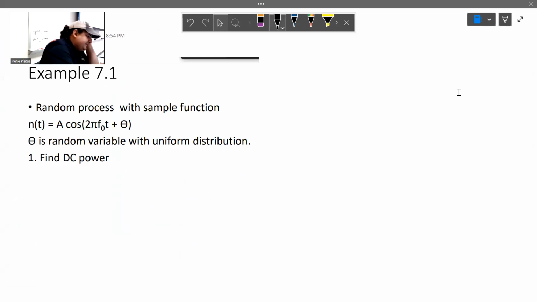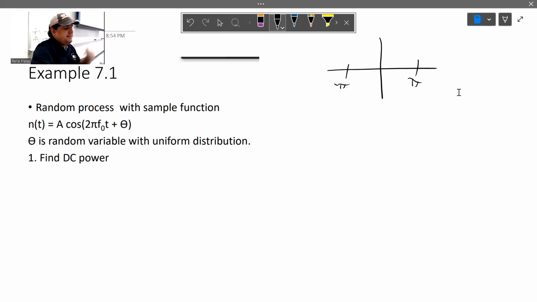So our X(t) is this, and theta is a random variable with uniform distribution. If you recall, uniform distribution means that the values could be between negative pi and pi, because after these two values they become redundant. There's no point in having a 2 pi, that's just the same as 0.